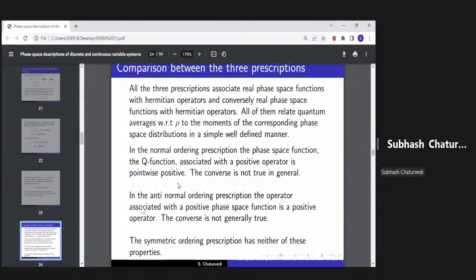This is not fulfilled, and one finds that the Wigner description fails on both counts. There's no guarantee that a positive operator maps to a positive phase space function, and a positive phase space function maps to a positive operator.